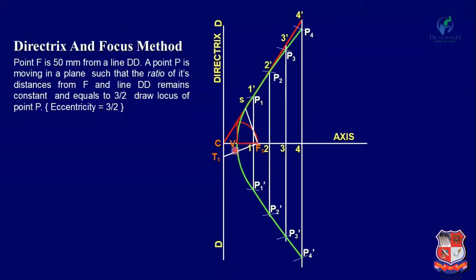This intersection point is T1. Now join T1 with S. This line is our tangent. Draw a line perpendicular to this tangent from point S; it will be our normal. So T1, T2 is the tangent, and N1, N2 is the normal.